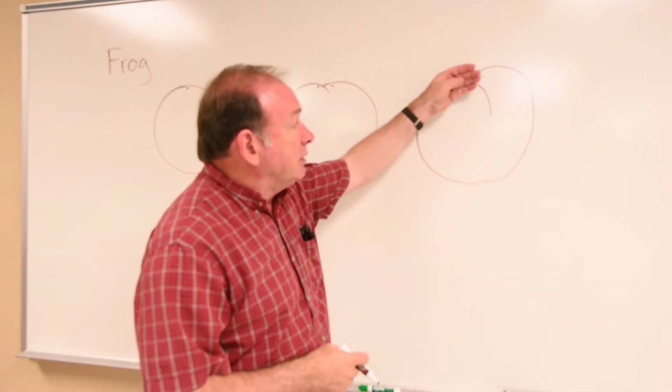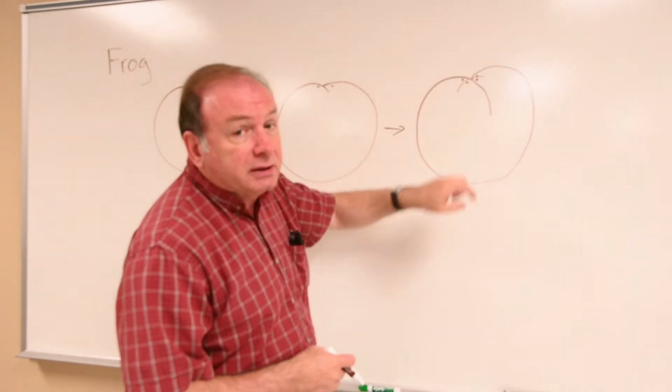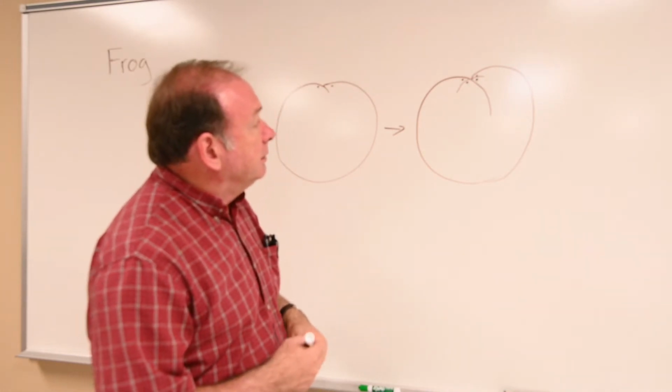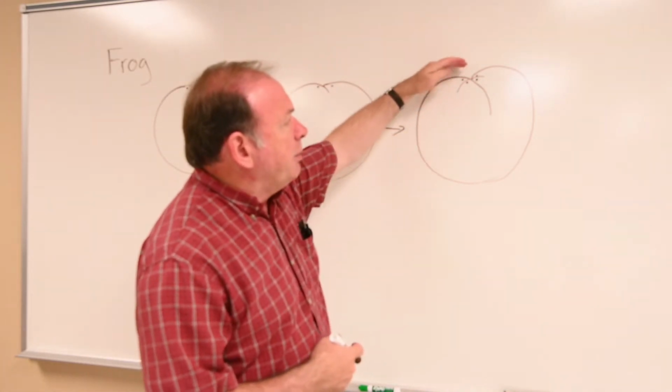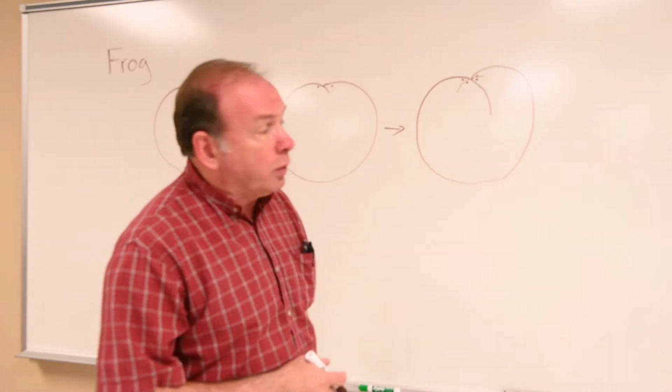So this is the gradual movement of the cleavage furrow through that more densely yolked portion of the frog egg. Remember, this end is called the animal pole, and this is the vegetal pole over here where all the yolk is.